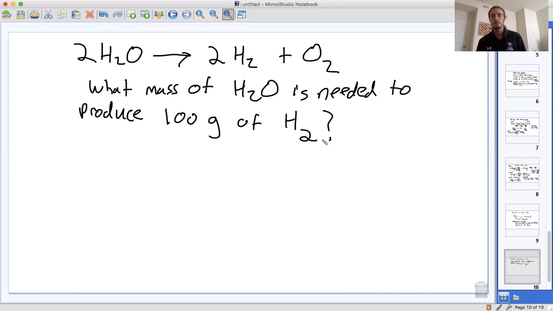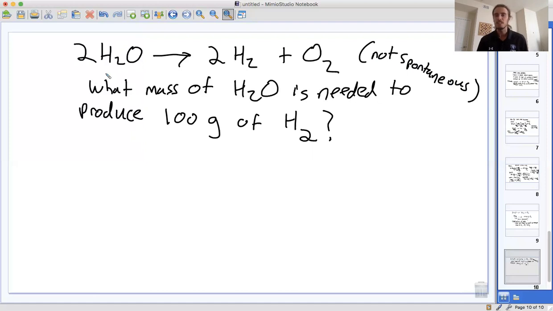This is a pretty interesting question because in this reaction, you're splitting water to make hydrogen and oxygen. This reaction is not spontaneous. We'll get into that later in the year. For now, all that really means is that this reaction doesn't just happen.